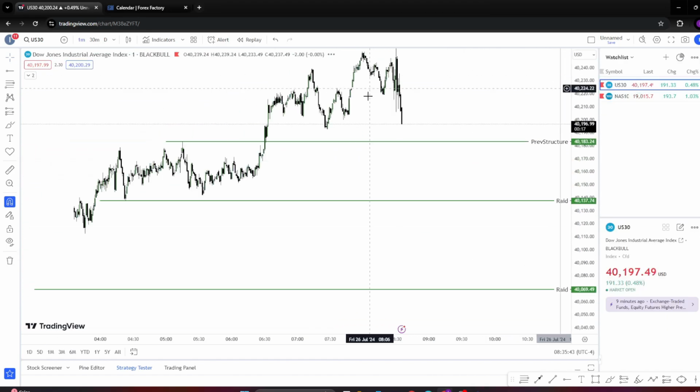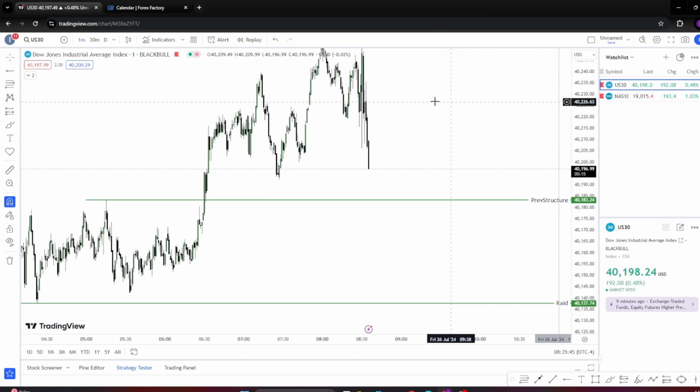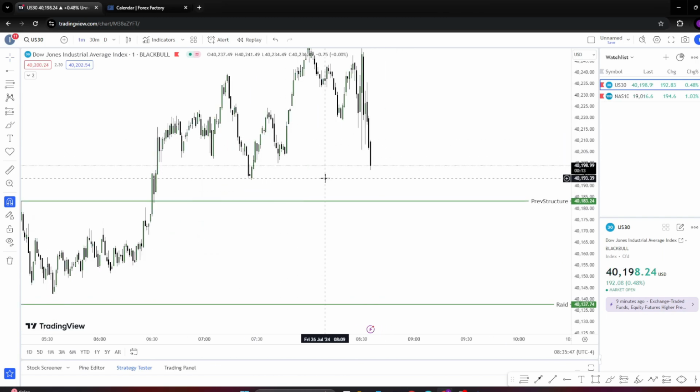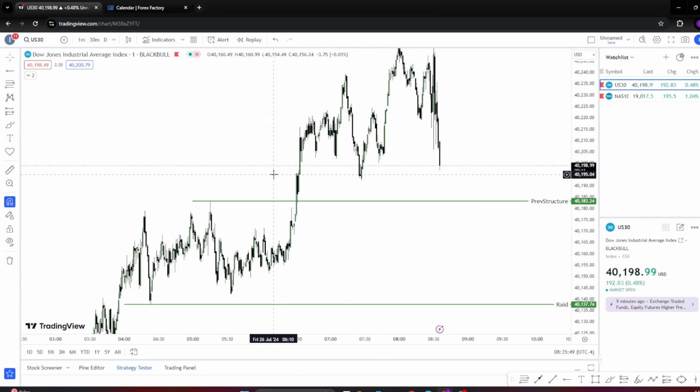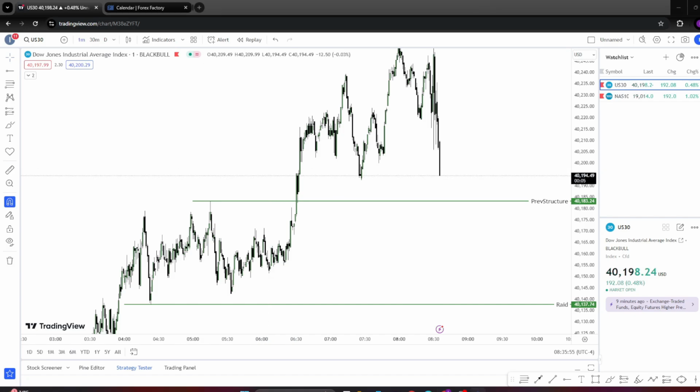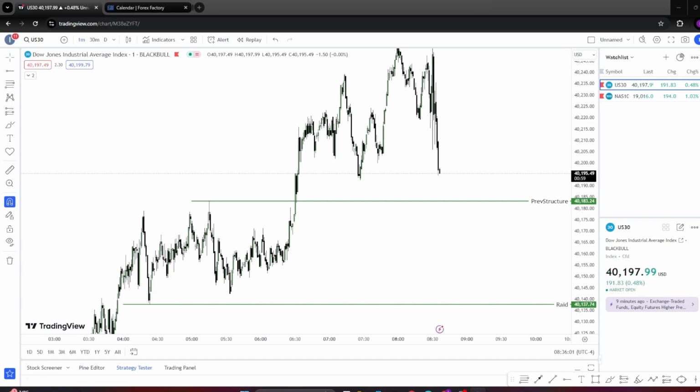Let's investigate the US 30 as well. There are specific things that I need to see below this line, and if I don't see them, then I will not execute any trades. I'm going to be trading on one of my challenge accounts that I've pulled up on my other screen. My MT5 is currently open, and making sure that everything is set up.